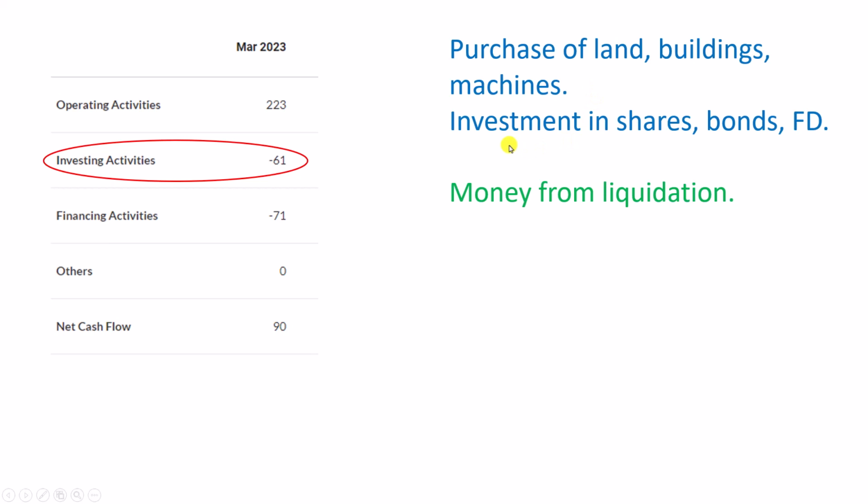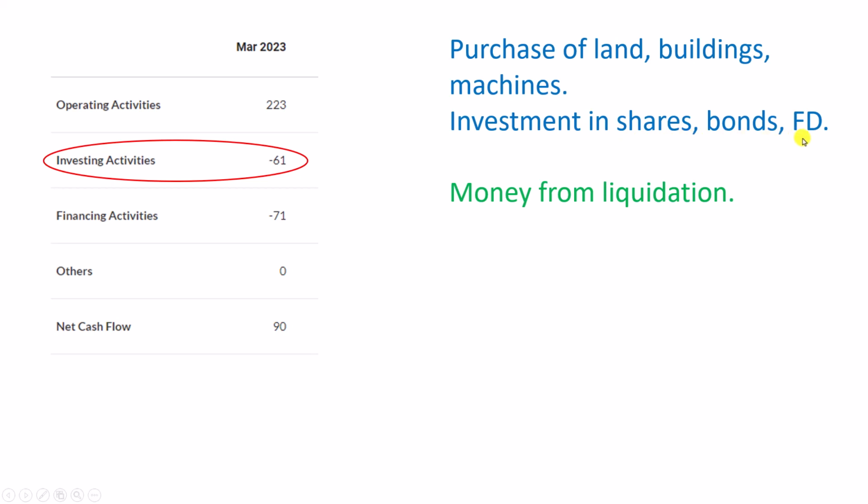Next, if this company invests in shares or bonds or FD of other companies, then it would be considered as investment. If Kubota buys shares of Infosys, then it would be an investment. If it buys bonds, investment.